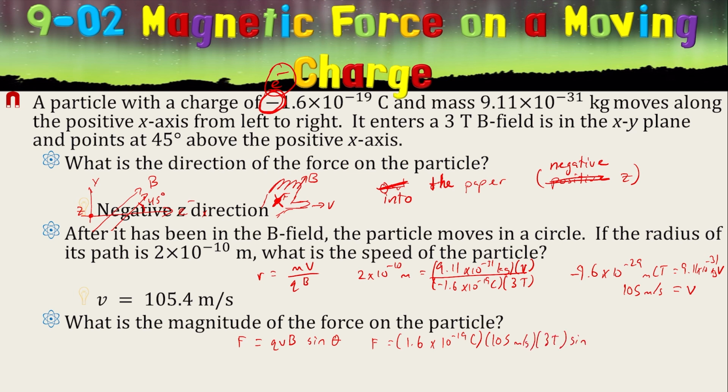And our angle is 45 degrees. Put that in the calculator. And I get 3.58 times 10 to the negative 17 newtons. Well, this is a very large force, but it's a very small particle, so it does have an effect on it.